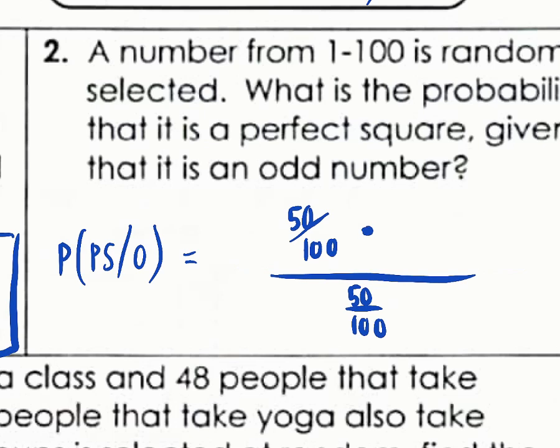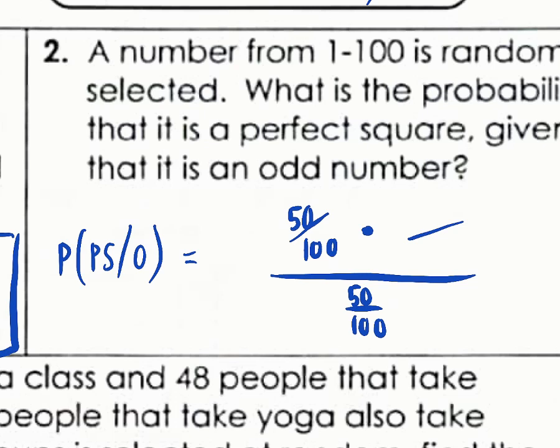Now up top, you have one more fraction, and that is, what's the probability out of 1 through 100 that it's a perfect square? So we have to think. Perfect squares. Isn't 1 times 1 a perfect square? 1. What's the next perfect square? 2 times 2 is 4.